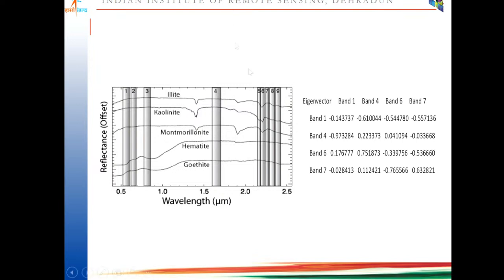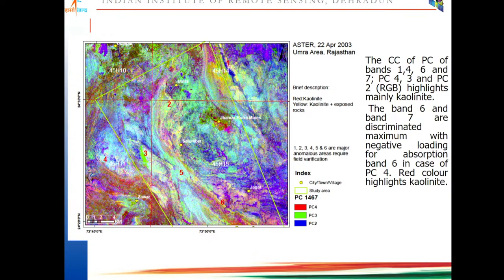I have to choose those bands very carefully according to the diagnostic absorptions, and I have to choose a data set which has very narrow spectral bandwidth. In such a way, this is another example where we have done the PCA over here.